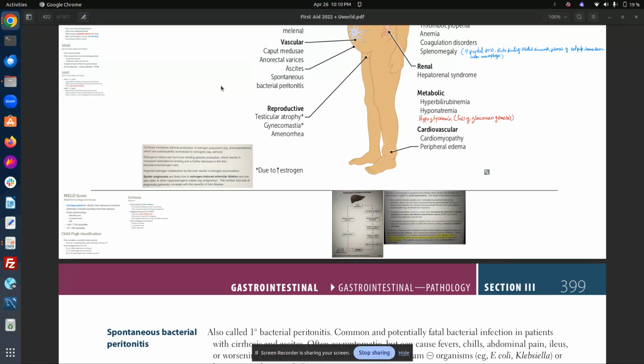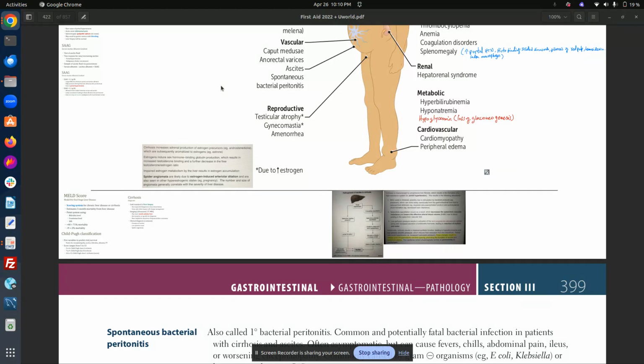Pathogenesis, what could be the reason? Pathogenesis is not very important from an exam point of view, but you should know that whenever there is cirrhosis, there is altered small intestinal motility, which leads to bacterial overgrowth, and that bacteria translocate through the gut into the ascitic fluid and lead to infection of the ascitic fluid.